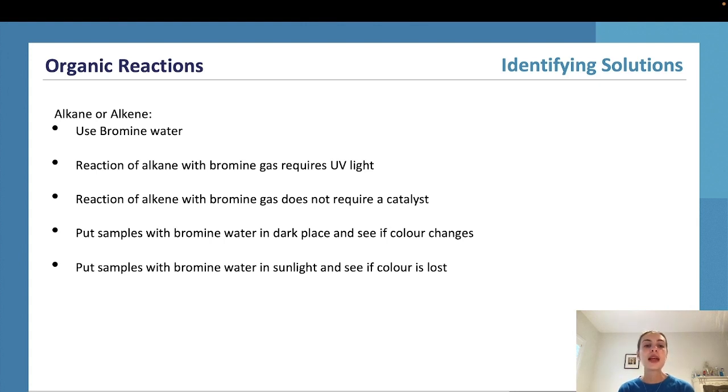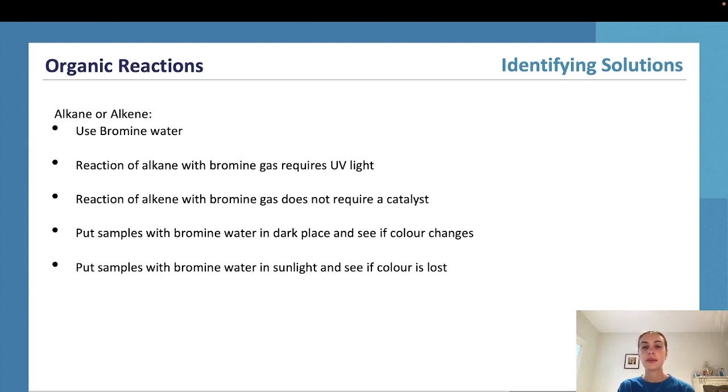So we can put samples of bromine water with our two unknown solutions, either the alkane or alkene, in a dark place. If the color changes, we'll know it is an alkene, and then we can put the other into sunlight, and if the color is lost, that shows the reaction required UV light.